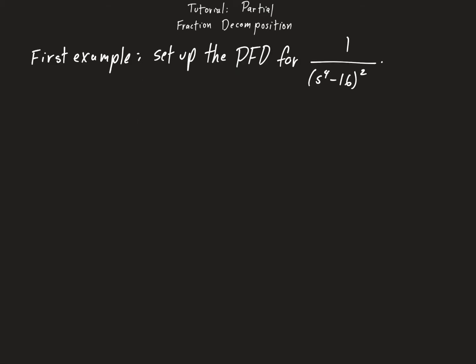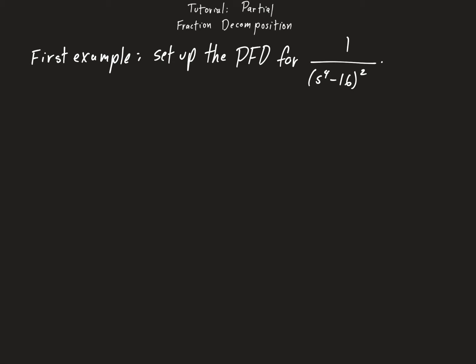Alright, so for this first example, I'm going to go over a more full problem from the textbook, but that is going to be slightly simpler than this. But I want to go over a first example that just asks you to set up the partial fraction decomposition for the following function. It's 1 over s to the fourth minus 16, that whole denominator squared.